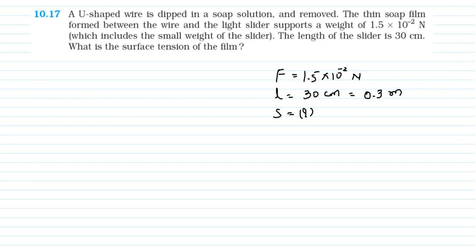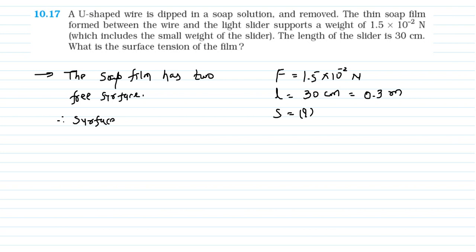So here this soap film has two free surfaces, so surface tension is given by S is equal to F upon 2L.